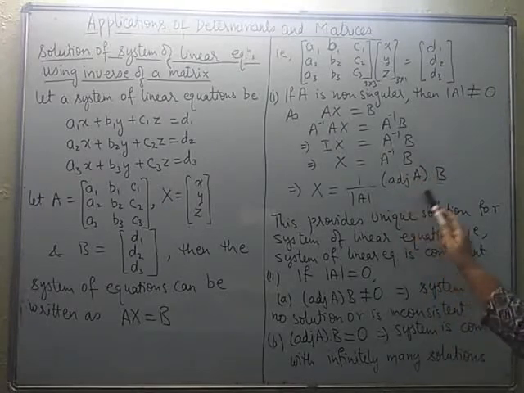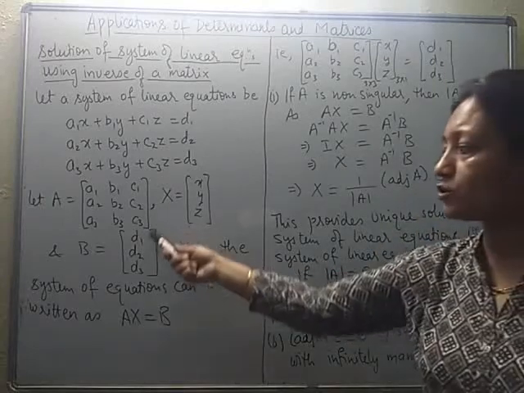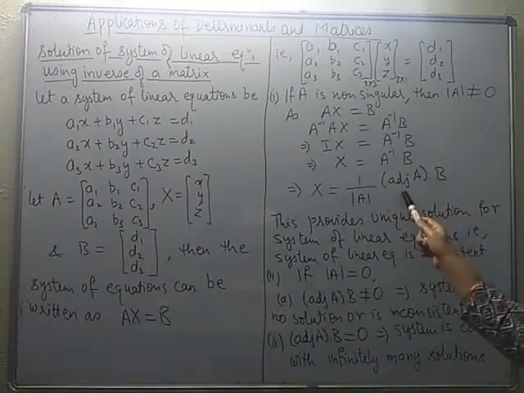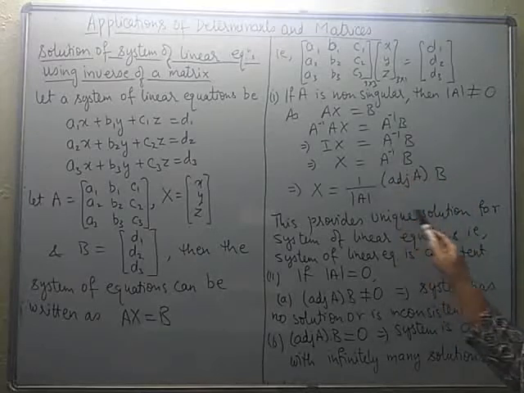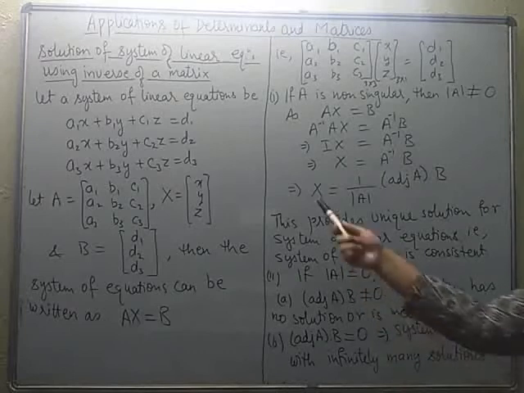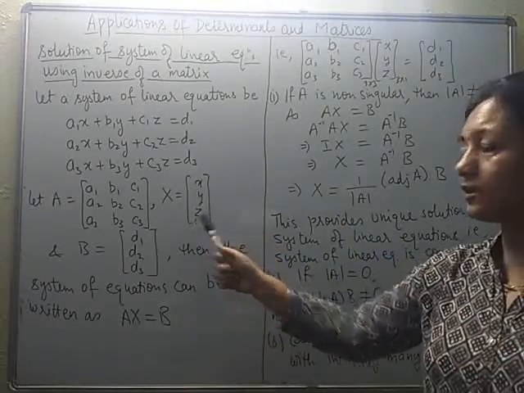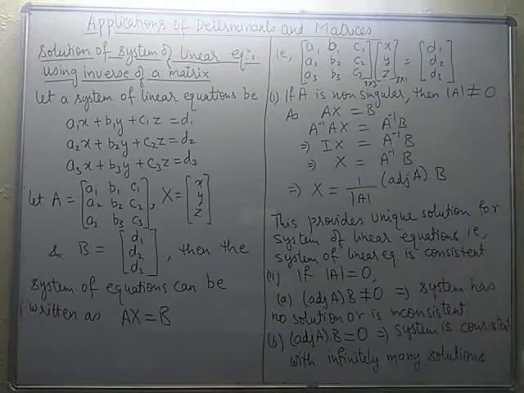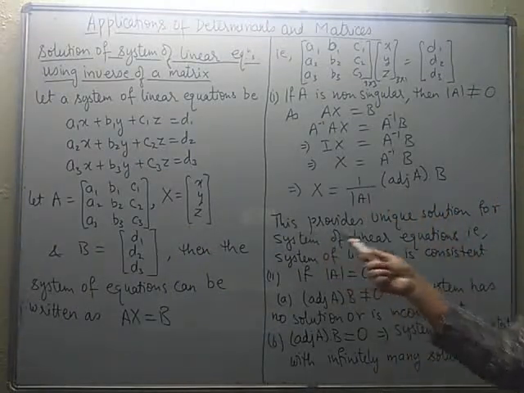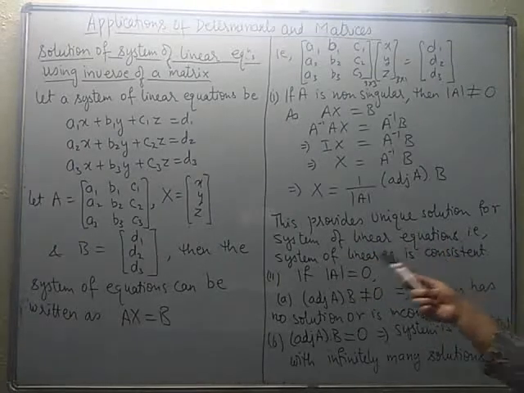This is the matrix of the transpose of cofactors, and matrix B will be known to us. Multiply both the matrices. Then each element of the matrix will get divided by determinant of A. That will give us the matrix X, or you can say the values of the variables x, y and z. So this is how we get the unique solution for the system of linear equations.